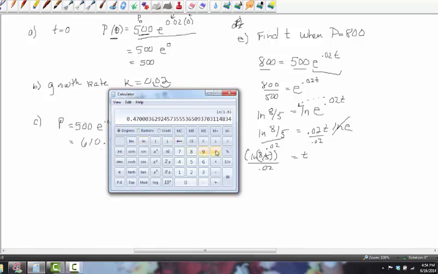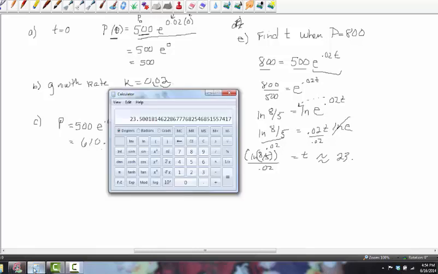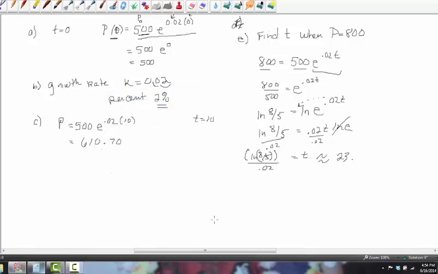I'm going to divide that value by 0.02, and that gives me t is approximately 23.50. And that was in days.